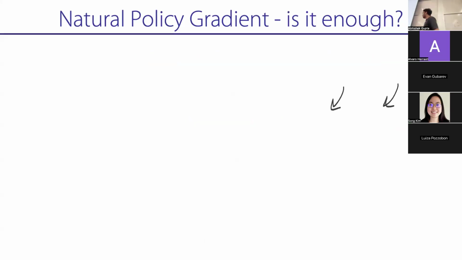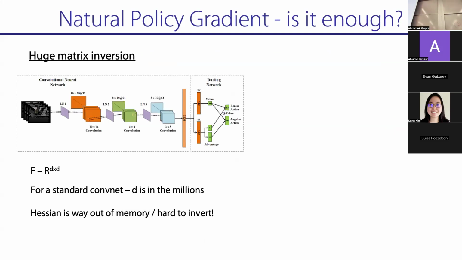Cool. So nobody uses natural policy gradient today, right? So why not? The first thing, which is maybe the most obvious, which Ray was also asking, is whether it's PSD and invertible, or positive definite and invertible. But in general, it's a huge matrix inversion, right?